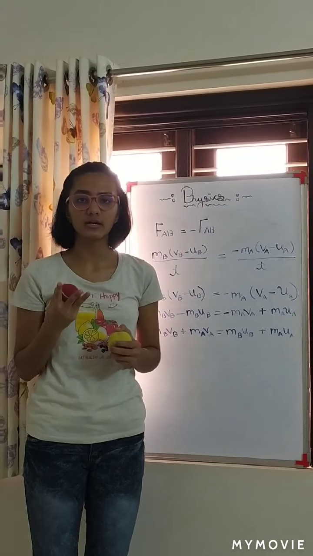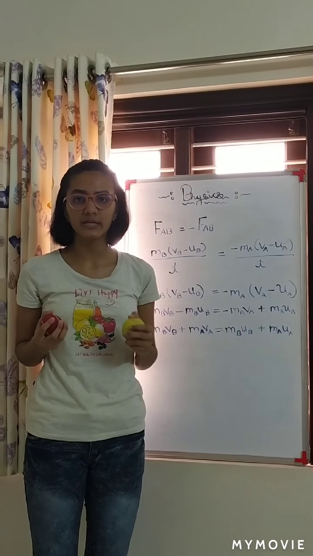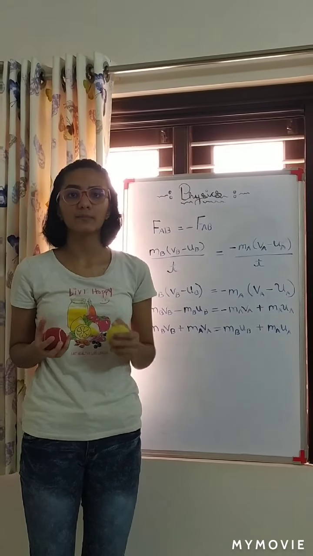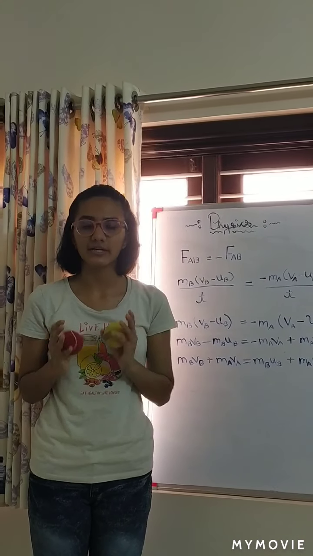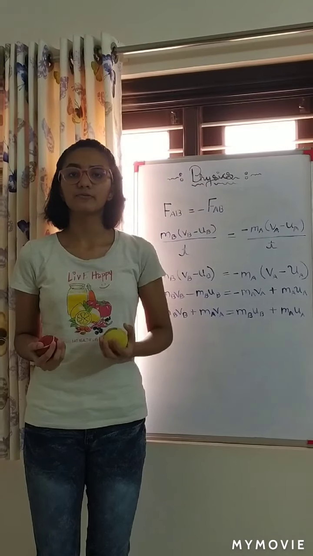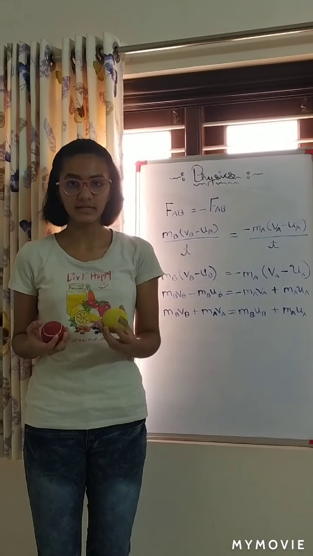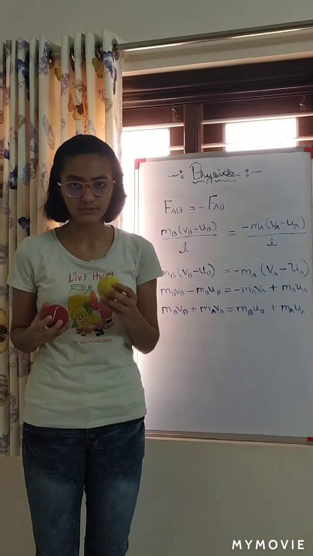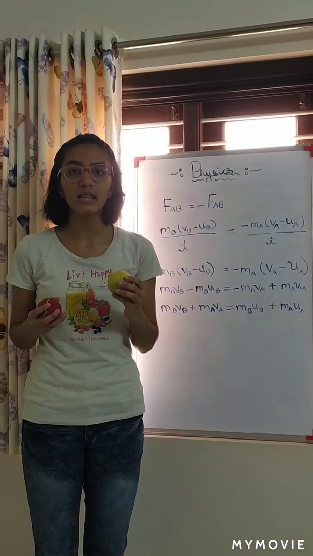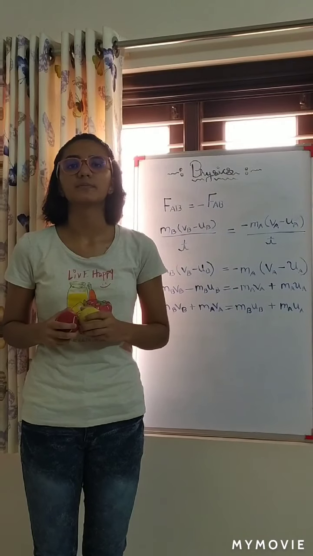According to Newton's third law, the force FBA exerted by ball A on ball B, which is the action force, and the force FAB exerted by ball B on ball A, which is the reaction force, must be equal and opposite to each other.